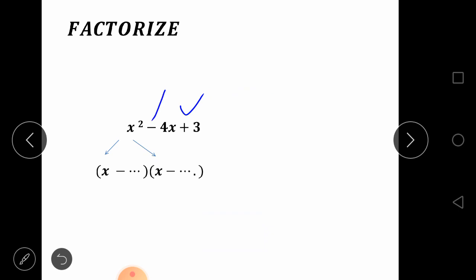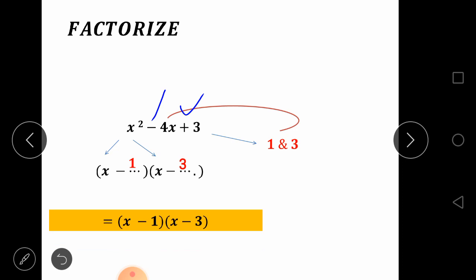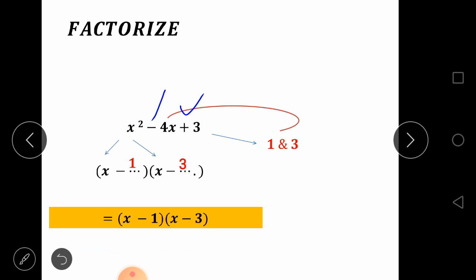But this is negative, so these two signs must be negative and negative. Now we factorize 3, and it has only one pair, which is 1 times 3. So the sum of them is negative 4. So they are negative 1 and negative 3. So the answer is x minus 1 times x minus 3.